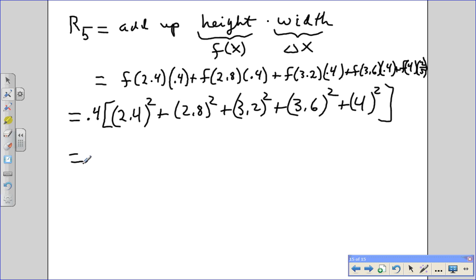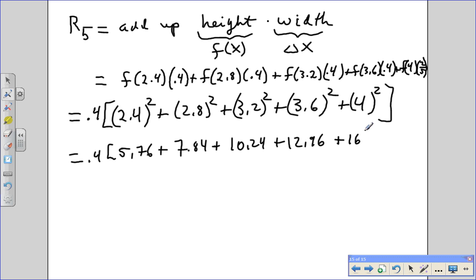If we add all those up: 2.4 squared is 5.76, and then 7.84, and then 10.24, and 12.96, 4 squared is 16.